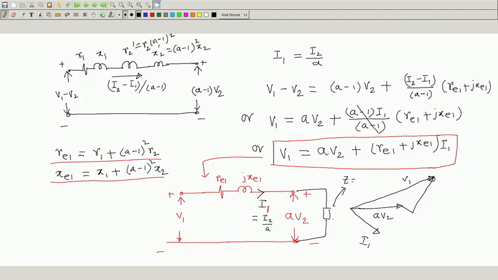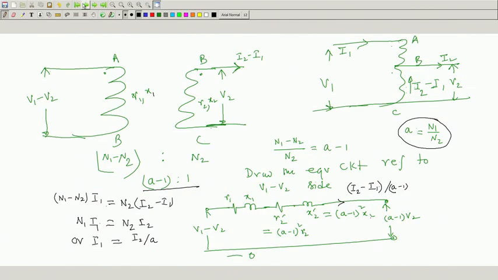At least from this circuit, it tells me it is A V2 divided by I2 by A, which is equal to A square V2 by I2. And what is V2 by I2? V2 by I2 here is Z2, is it not?